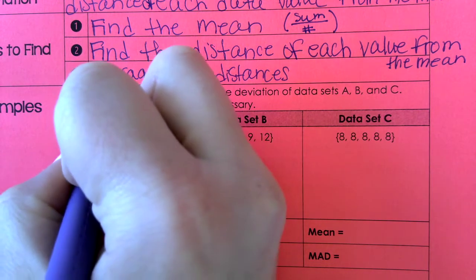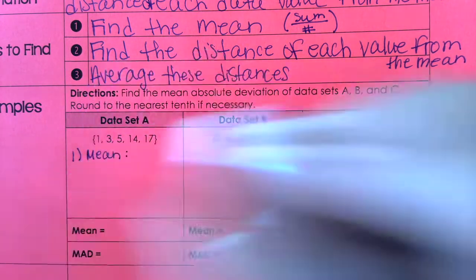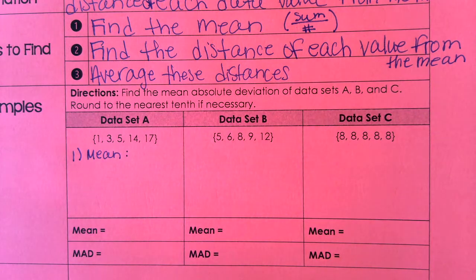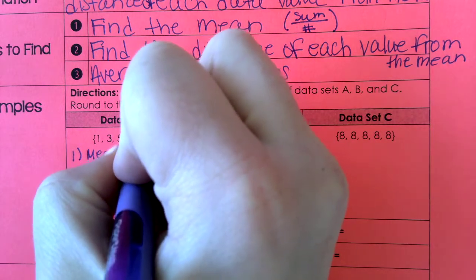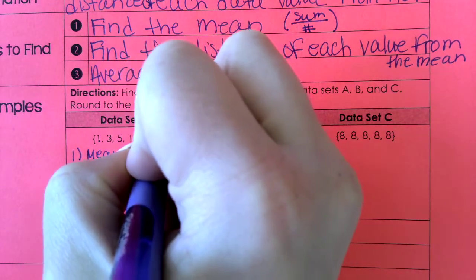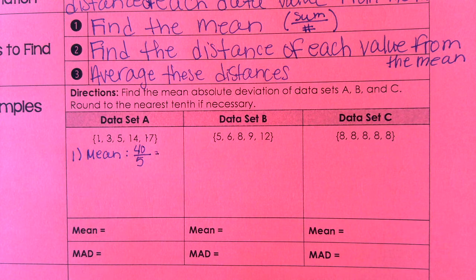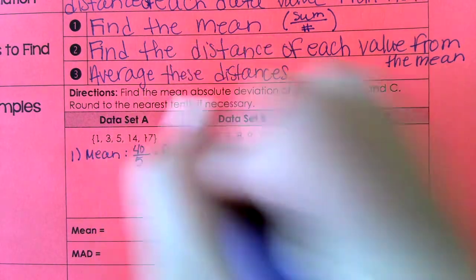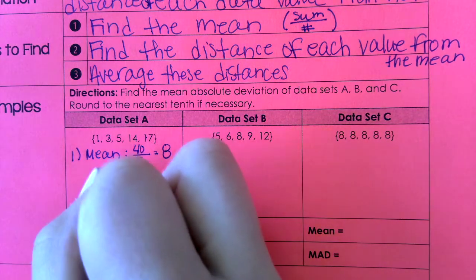For set A, I take 1 plus 3 plus 5 plus 14 plus 17. That's 40. I divide that by 5 because there's 5 numbers, and my mean is 8.